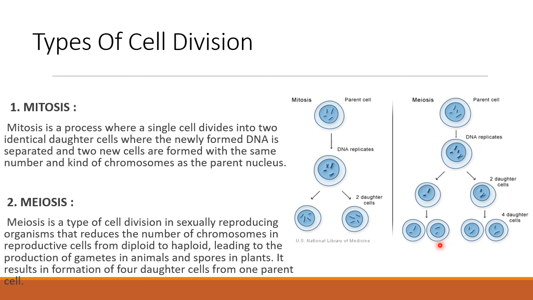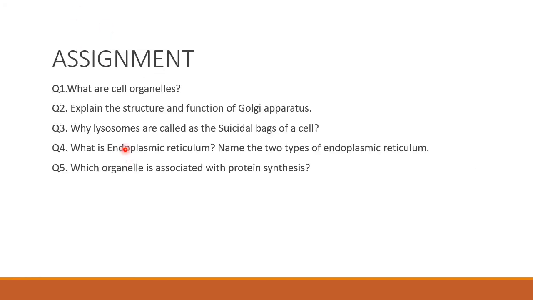Now, there are a few questions which we missed in the last module as it was not visible. The questions are: first, what are cell organelles? The second one is explain the structure and the function of Golgi apparatus.